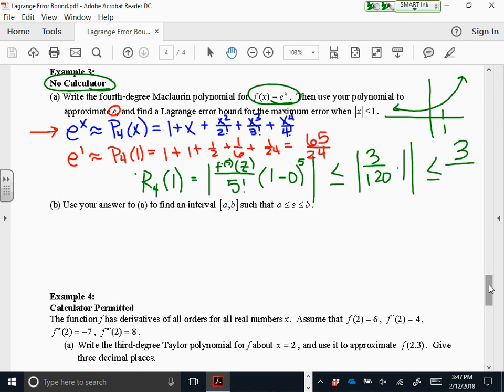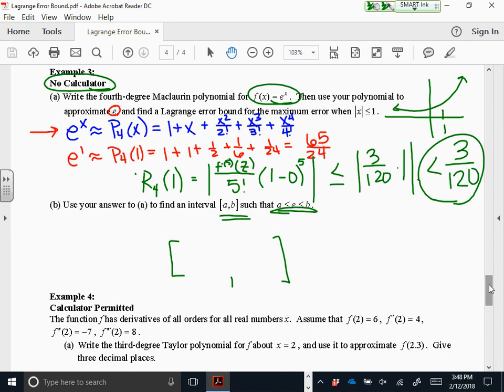So we know that our error is going to be less than, and really it is going to be less than. We probably shouldn't even put that equals there because really it's e over 120. But we're putting 3 over 120, so it's easy for us to work with here. So what would be the interval that e would be in between?